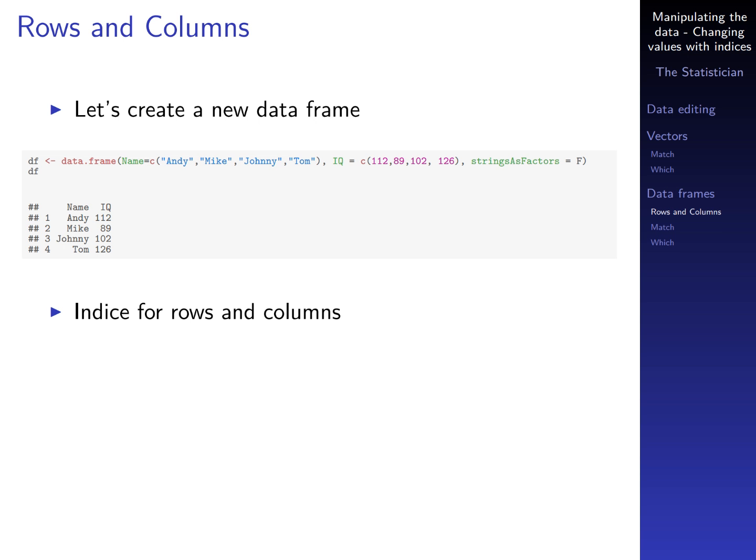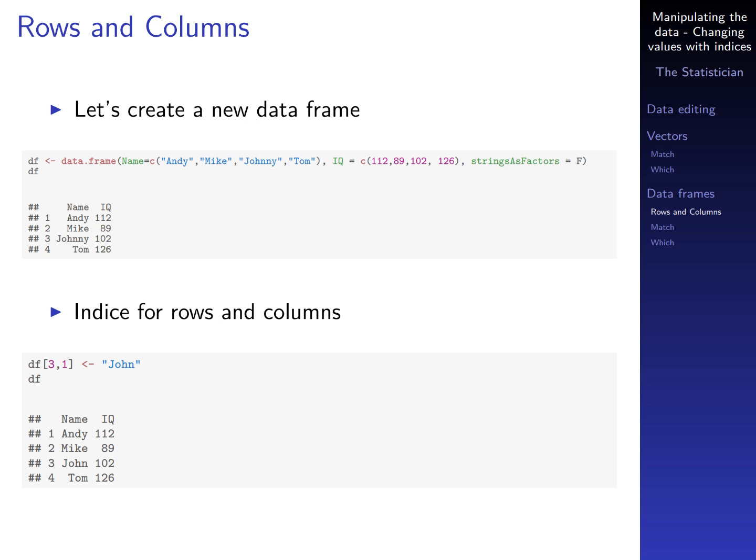And we have to remember that now we have 2 indices. First index will be the row number, and the second index is the column number. So if we want to change Johnny to John, first we say row number 3 and column number 1.